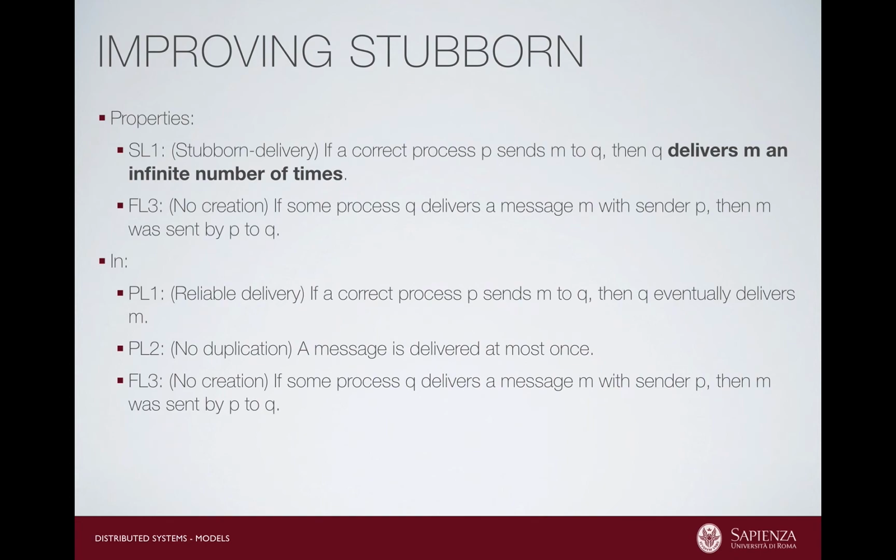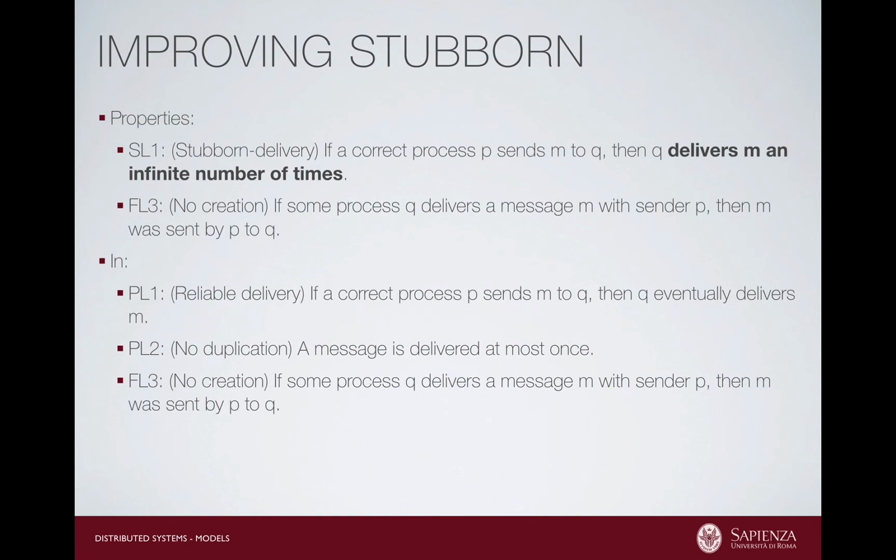So now you should have the feeling and should be able to understand that both liveness and safety are useful. Let's think about a link that has only property 2, no duplication, and property 3, no creation, but does not have property 1. Then this link is not useful. If I just take a wire and cut it and give it to you, I can say, look, this wire is respecting no duplication and no creation.